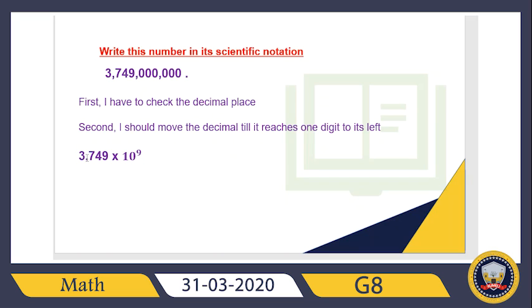But until now, you only have to know that if you want to write a big number in its scientific notation and compress it down, you have to move the decimal point to the left side until only one digit remains to the left side of the decimal point.